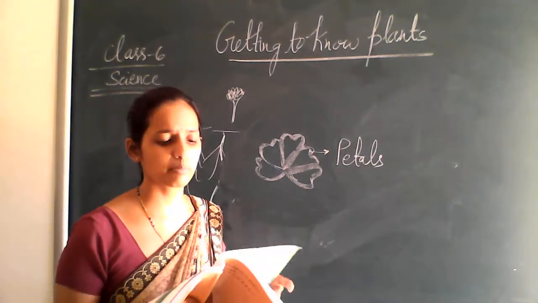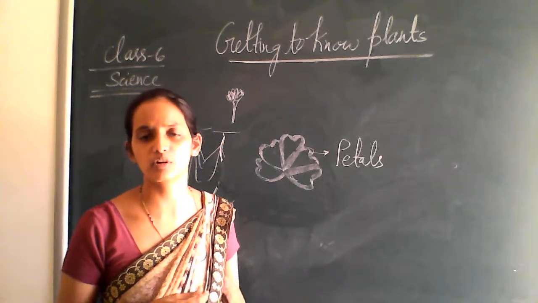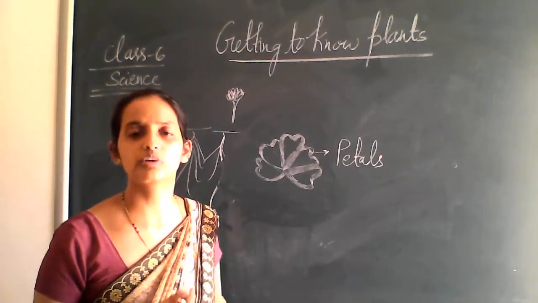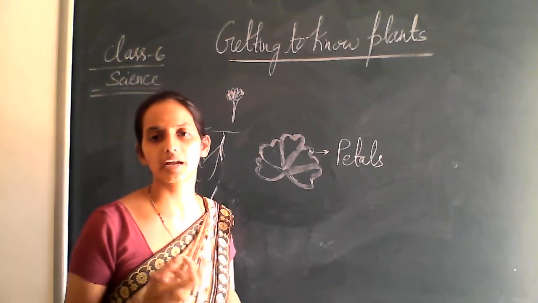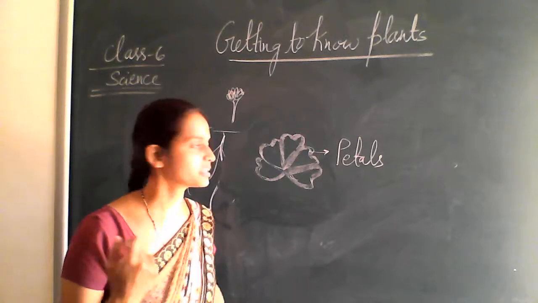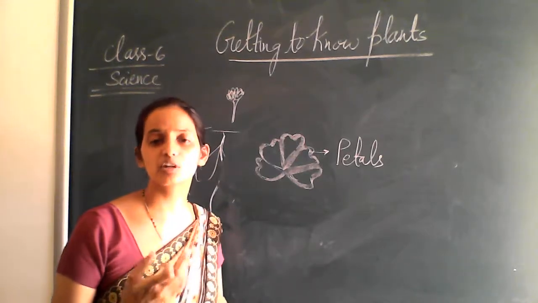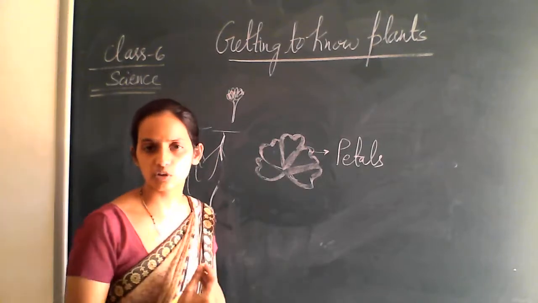Different flowers have petals of different colors, right? If we take the example of a rose, we have a rose variety with different colors, it may be red, orange, yellow, right? Same thing in the hibiscus or dashar flower, we can get different colors of flower.